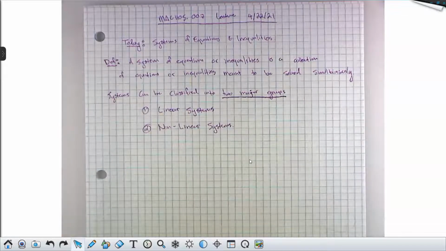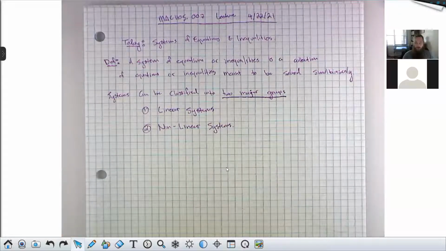So we've talked in this course about what makes an equation or a function linear or nonlinear. Remember, a linear equation is an equation where all the variables that show up are raised just to the first power, never squared, never under a square root, never downstairs in a fraction, never anything like that.